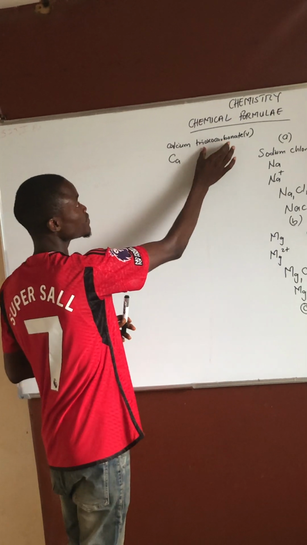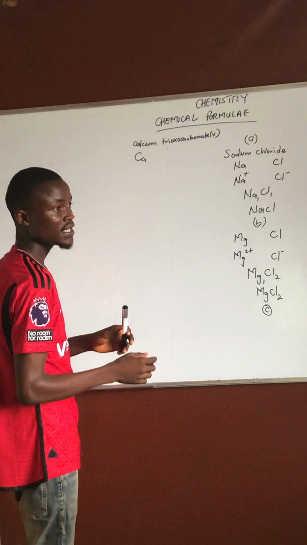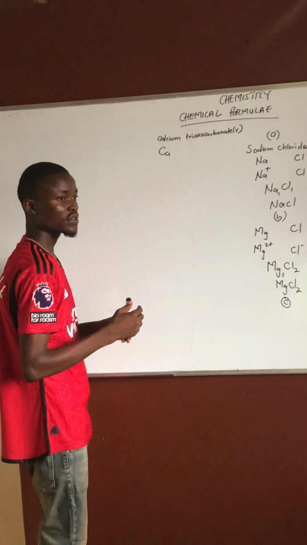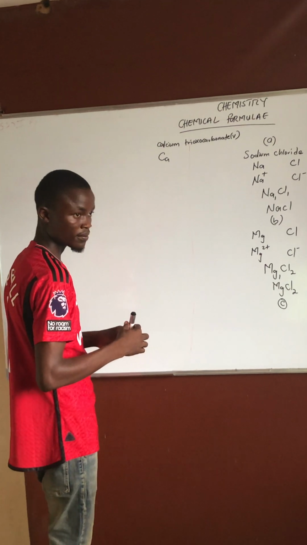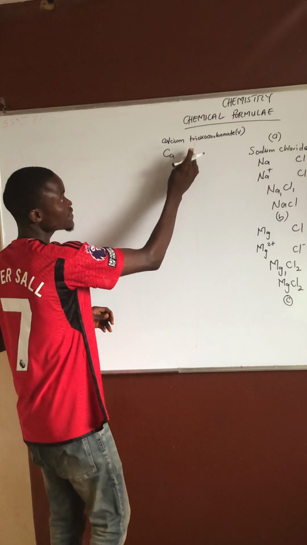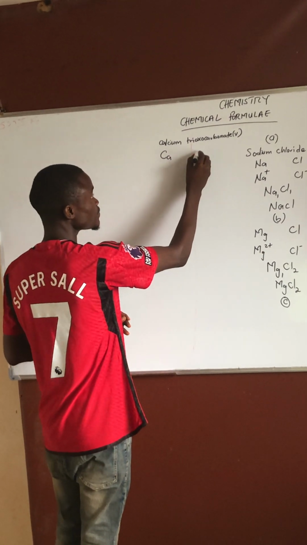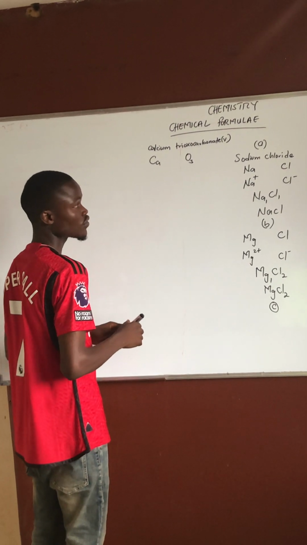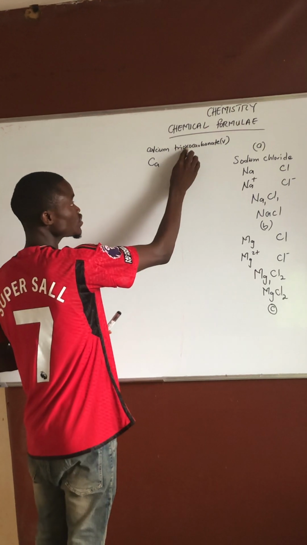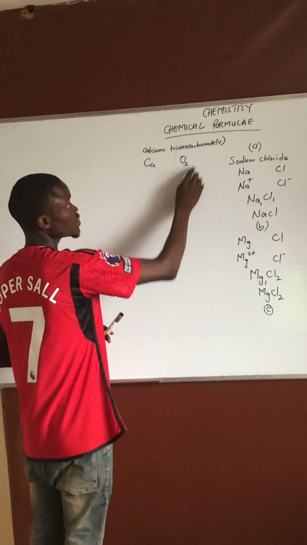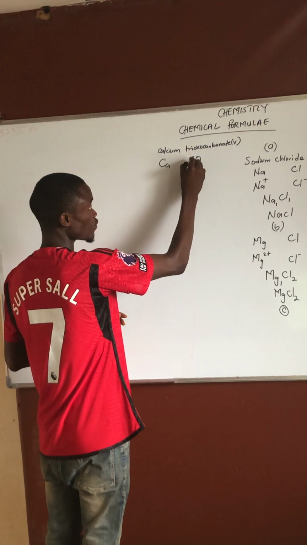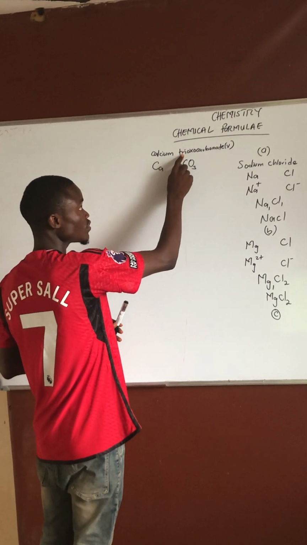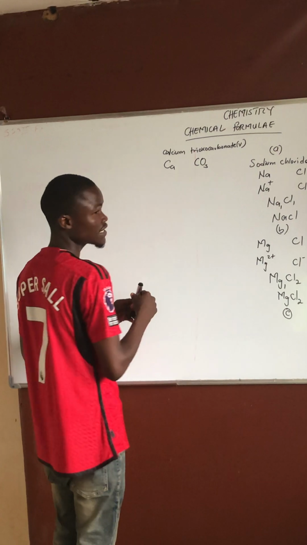Mind you, this trioxocarbonate is polyatomic. They are made up of more than 1 atom. So when you say tri, this means there are 3 atoms of oxygen. Now this oxo means oxygen. So carbonate, there is a carbon. So you have written the symbol for trioxocarbonate.